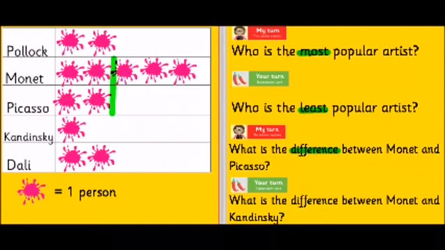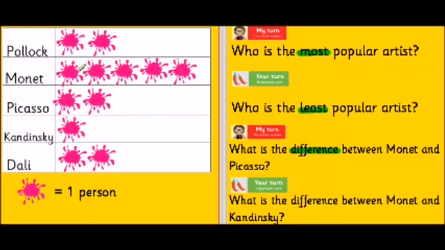Okay, so let's have your turn. So what is the difference between Monet and Kandinsky? So you can have a little go there. Okay, again, got Picasso in the way, but we can see Monet with his 5 votes and Kandinsky only has 1.